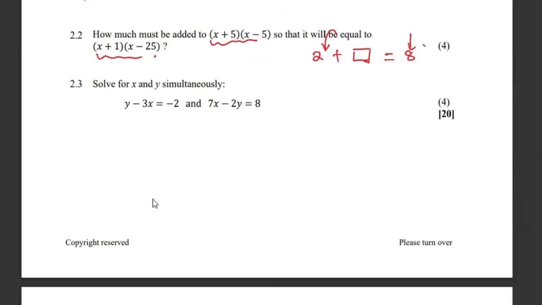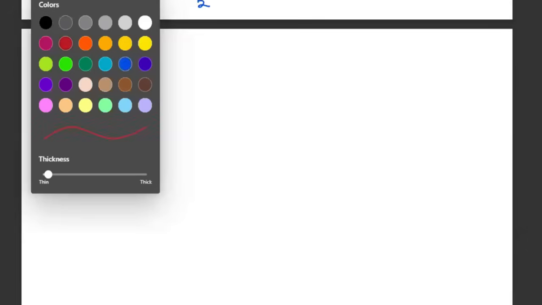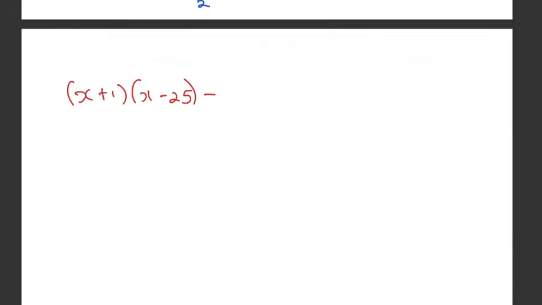So what we're going to do, we're just going to subtract the last expression minus the first one. So I'll say that our x, because the last bracket is x plus 1, x minus 25. x plus 1, x minus 25. We are subtracting x plus 5, then x minus 5. Okay, so let's open this up and then we see.